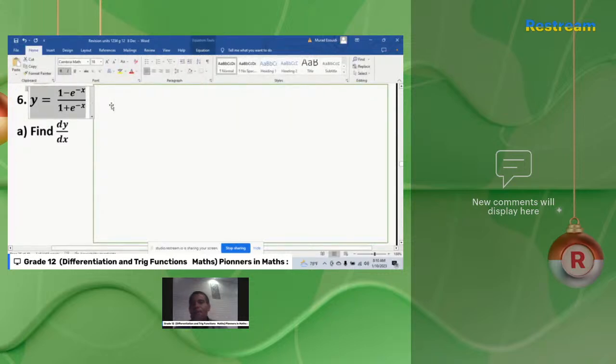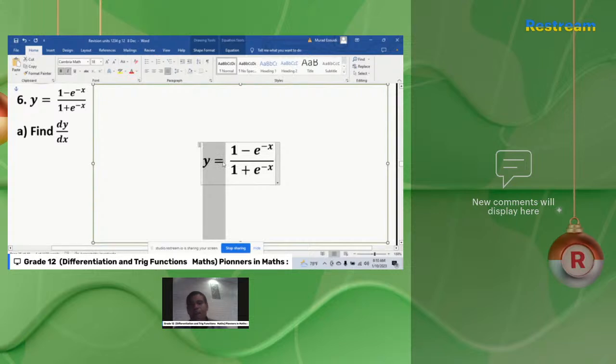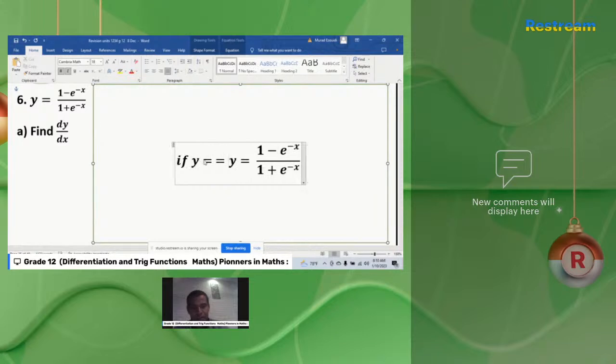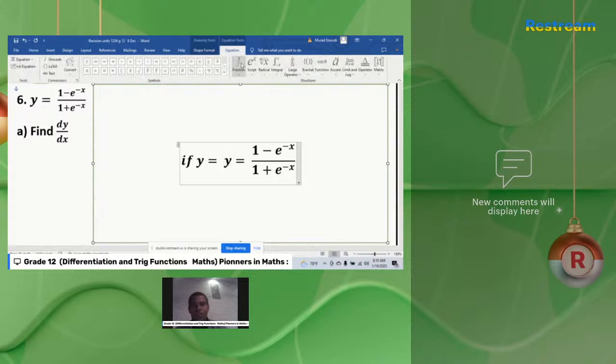Therefore, learners, to differentiate this, you should know that if y is equal to u divided by v, you are going to use the quotient rule.